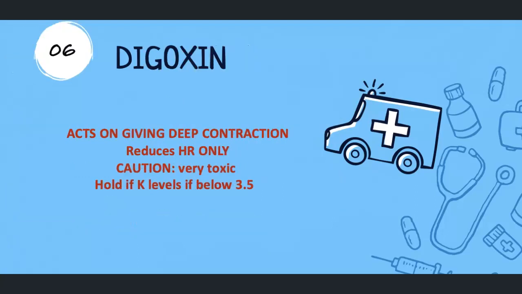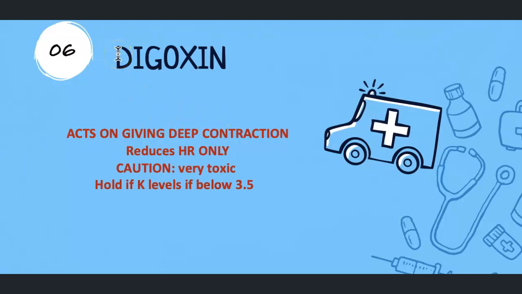Digoxin. This medication mainly reduces heart rate, and the main mechanism of action is that it gives deep contractions. I didn't go very deep with this medication because it's very rarely used.